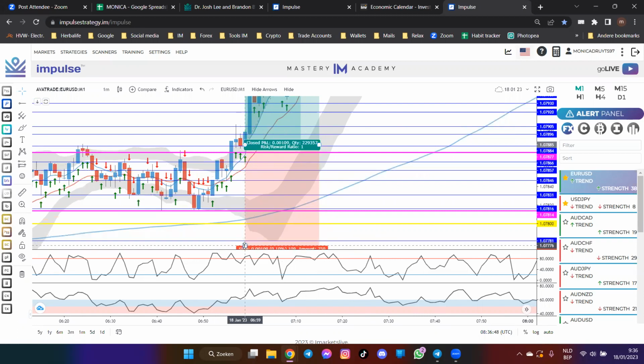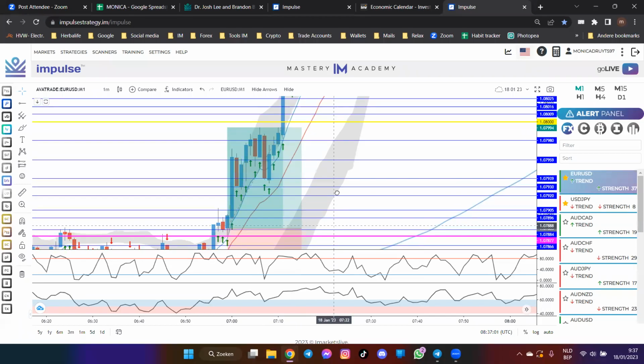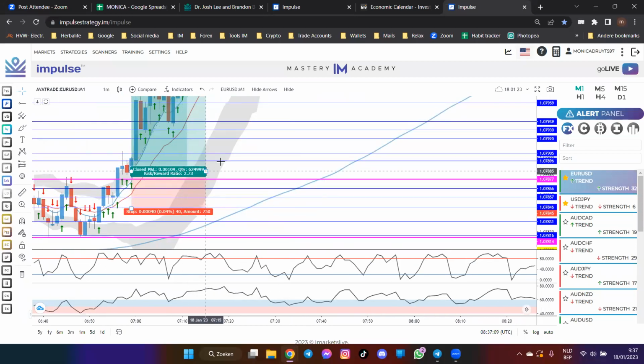It needs to break the purple, and it needs to bounce off this line. If it breaks and it becomes resistance again, my trade setup isn't valid. So I need my lines to know where it needs to bounce off, because if you don't have anything, I need to see the line, you see?